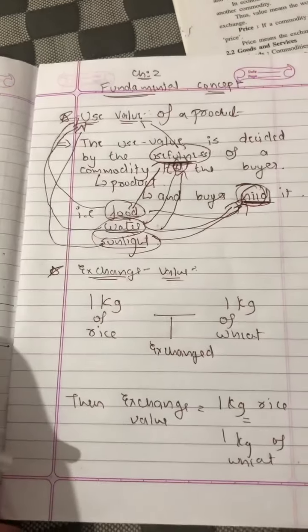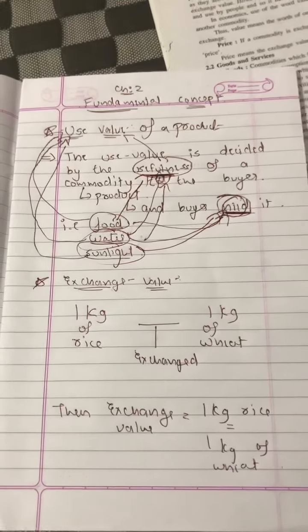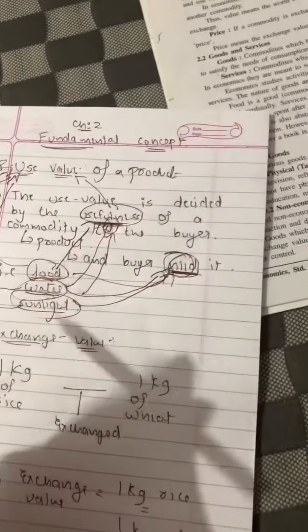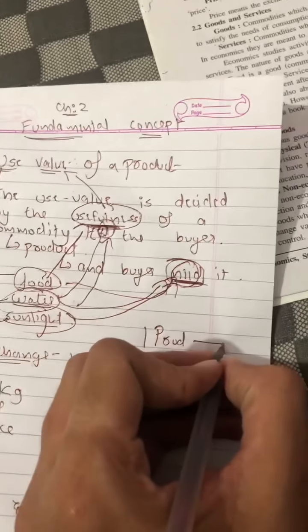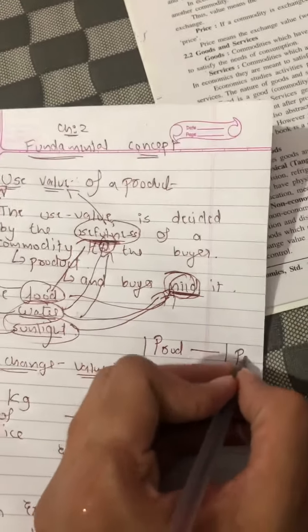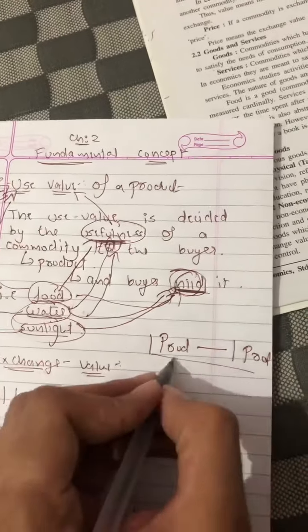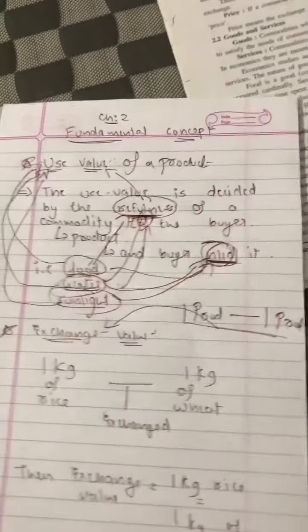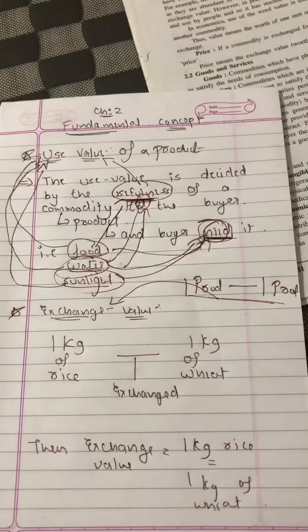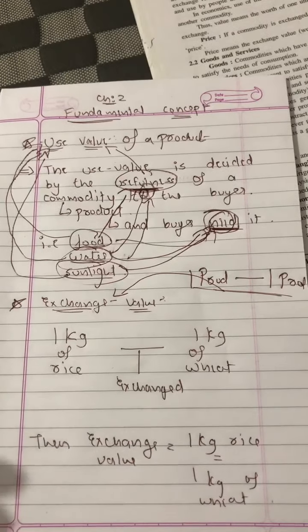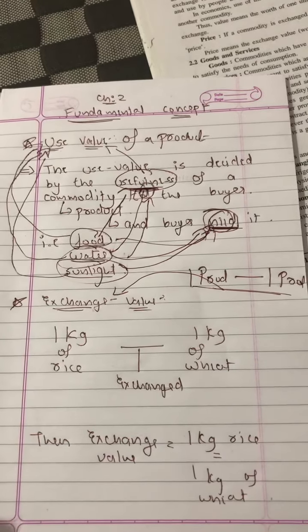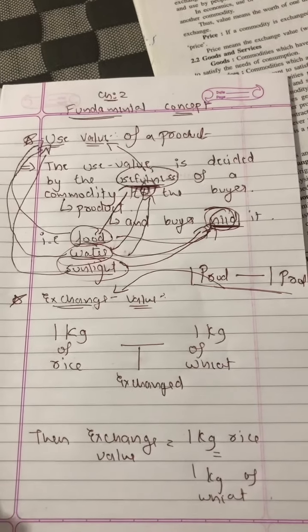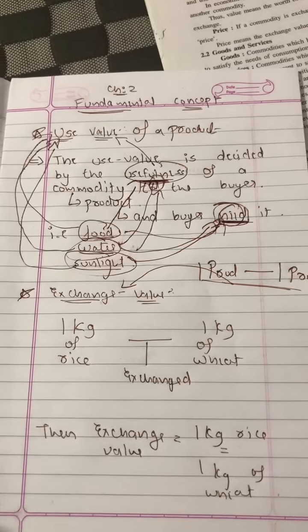Second one, exchange value. Exchange value means when one product can be exchanged with another product, then it is called exchange value. What do you understand by the term exchange value? When one product can be exchanged with another product, it is called exchange value.